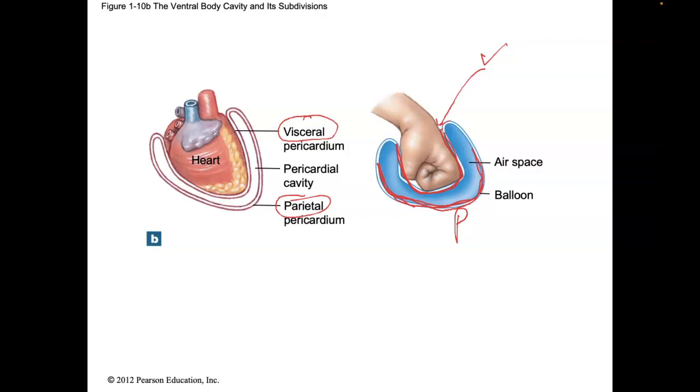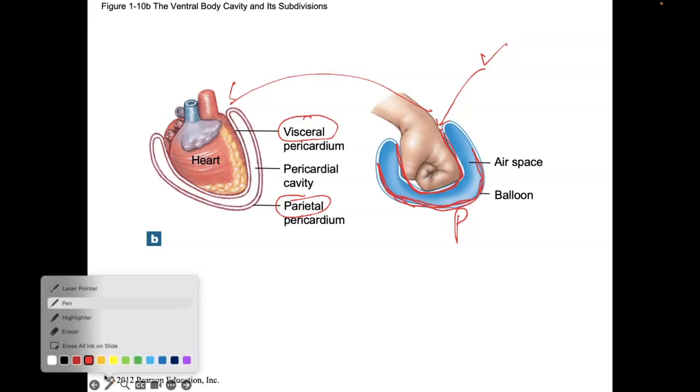So in this case, we have the heart instead of the fist, right? We're looking here, the heart pushing into this cavity, into this balloon, creating a visceral layer.